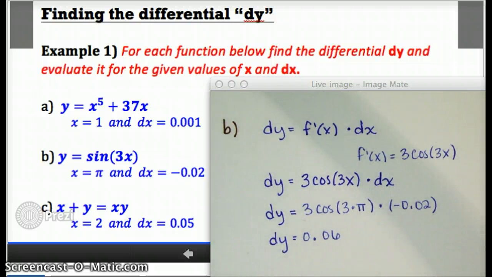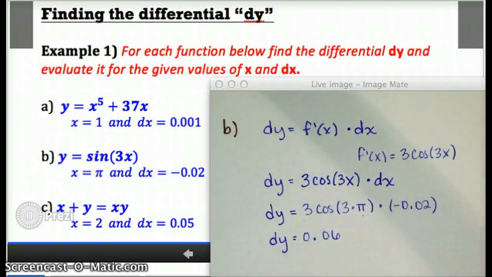Yeah, exactly. It means that if we start on this function at pi and we go backwards along the x direction 0.02, then the y value is going to increase approximately 0.06. The approximately is important, and we'll come to that in just a second in the next example.